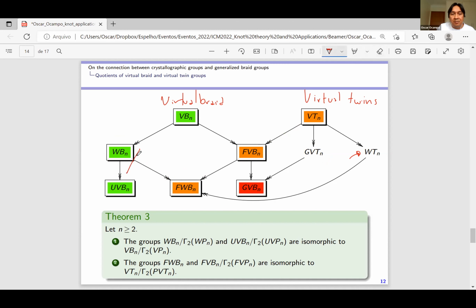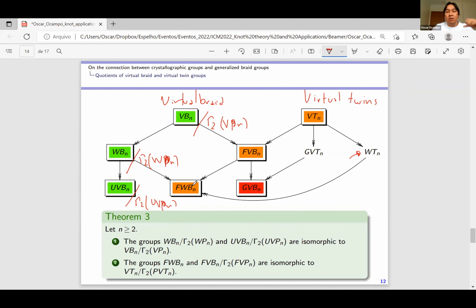When you take the respective quotient, not the commutator subgroup, and also here, we prove that these quotients, the groups are not isomorphic, but the quotient, when we take the commutator subgroup of the respective pure part, sorry, this is also pure part, unrestricted, pure part also.